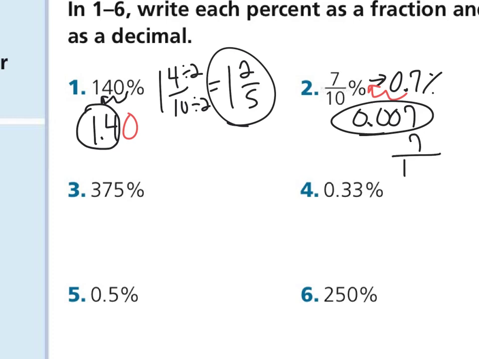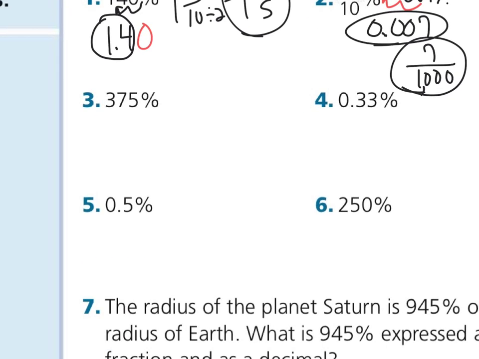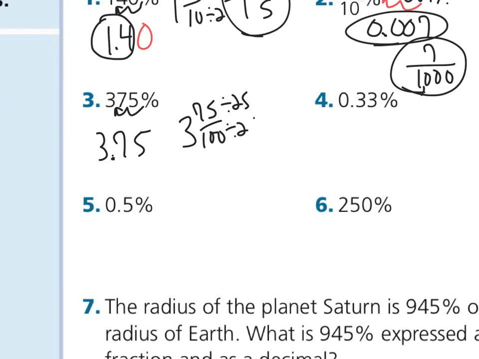And then that means our fraction would be 7/1000. Number 3, decimal 2 spots to the left would be 3 75/100ths. So 3 75/100ths. Those you can both reduce by 25, and that would be 3 3/4.